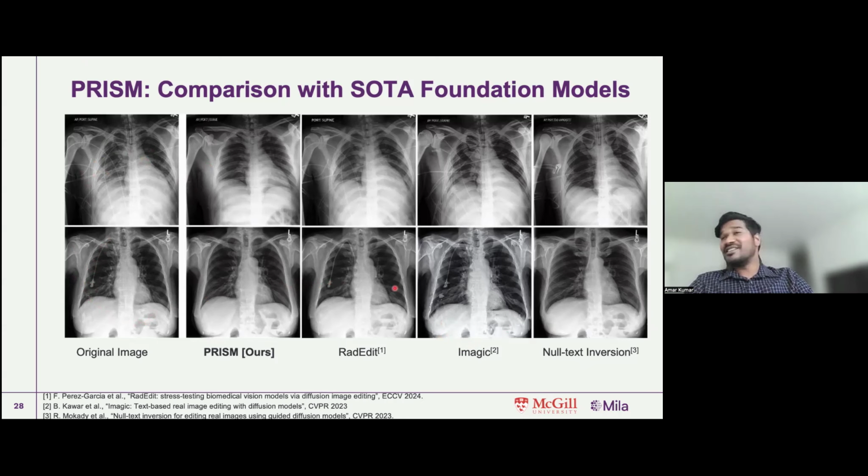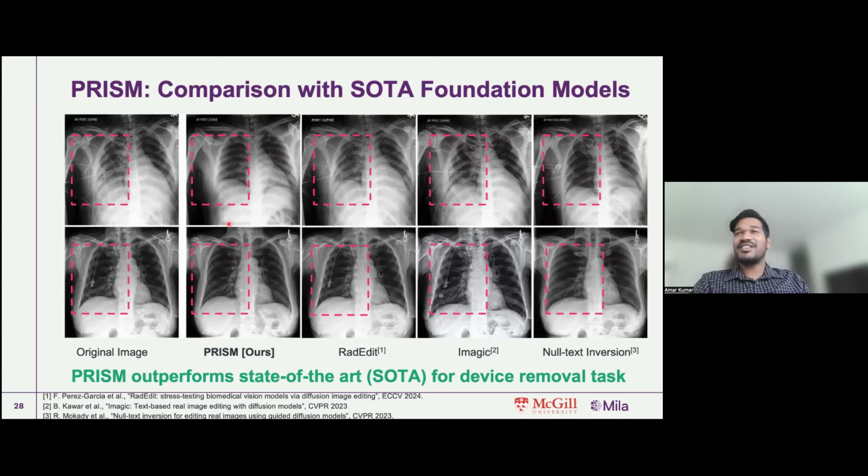And across other methods, some of these methods actually damage the image itself and even hallucinate by creating new devices, as you can see in these bounding box areas. And you can see that our method is able to finely edit them with very high precision, and it outperforms all the state-of-the-art methods that can remove these devices.